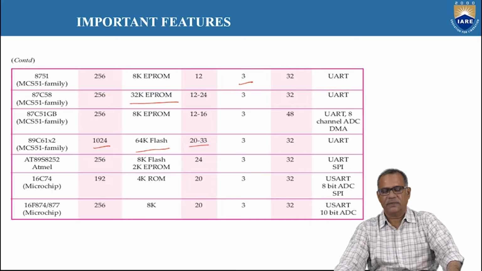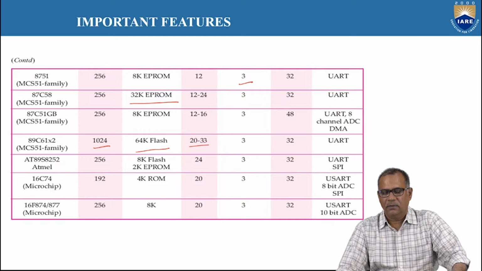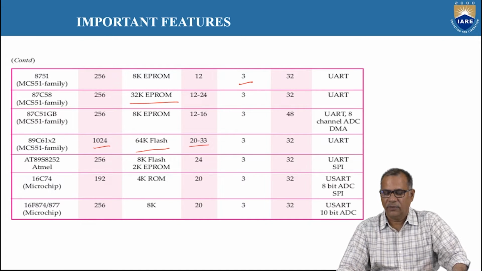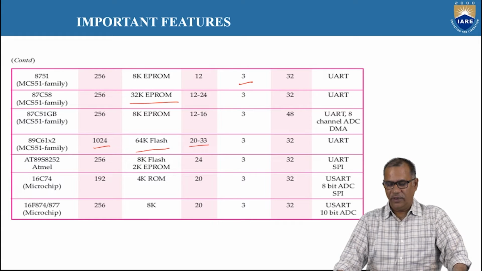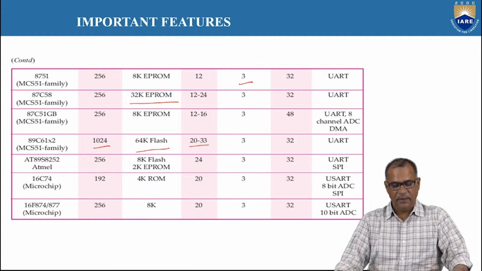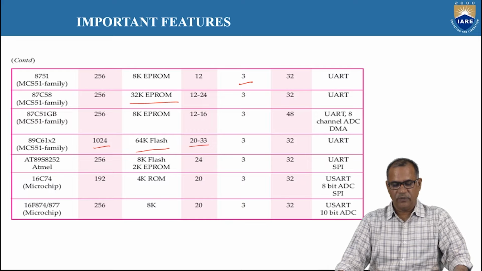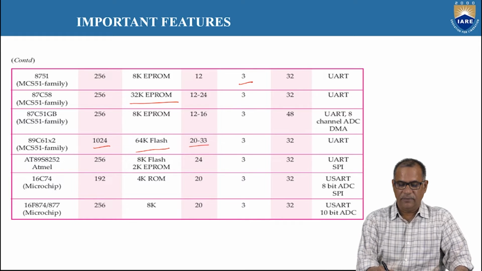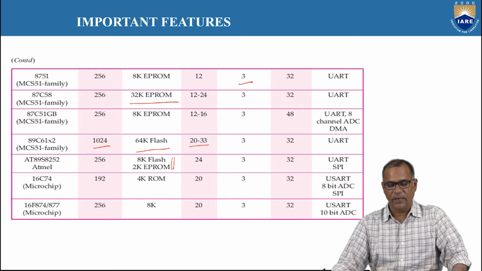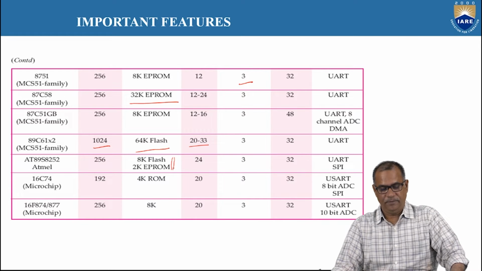It has 3 timers or counters, 32 IO lines, and UART. The 89C252 has 256 bytes of RAM, 8K flash, and 2K EEPROM. So the program memory is of 2 types, flash and EEPROM.